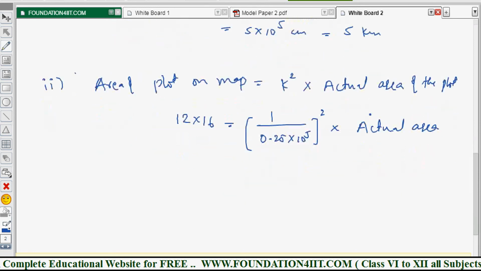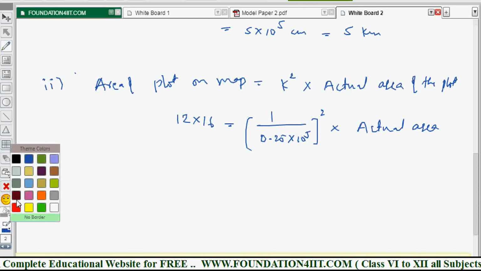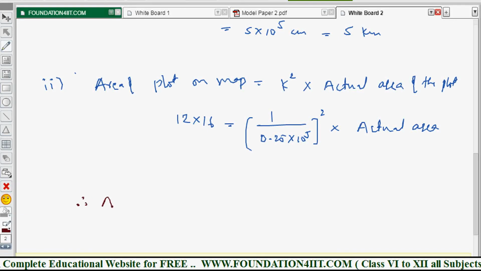Then the actual area of the plot is equal to 12 into 16 into 0.25 square into 10 power 5 square.